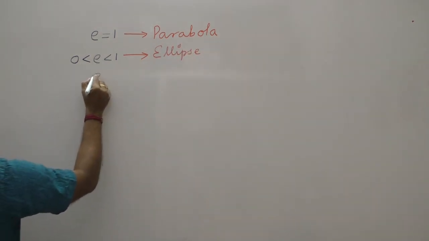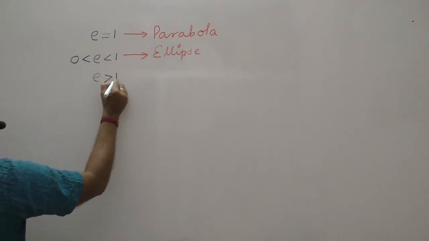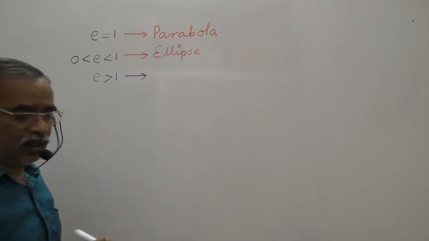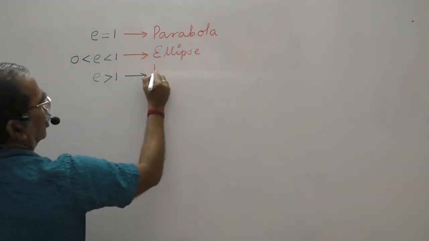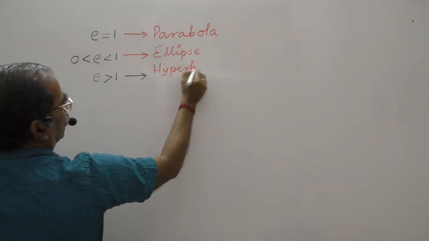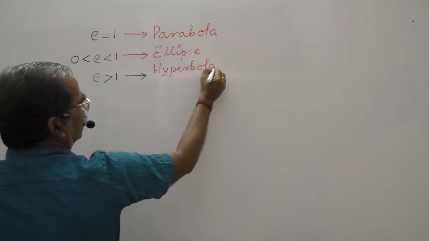If the eccentricity is a number greater than 1, then the conic is called a hyperbola.